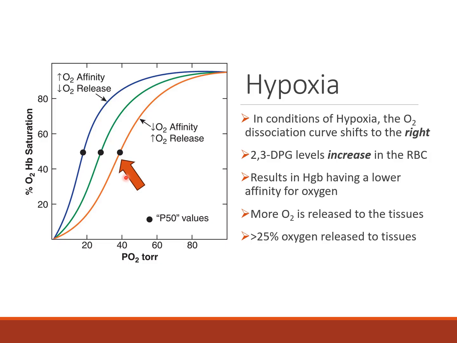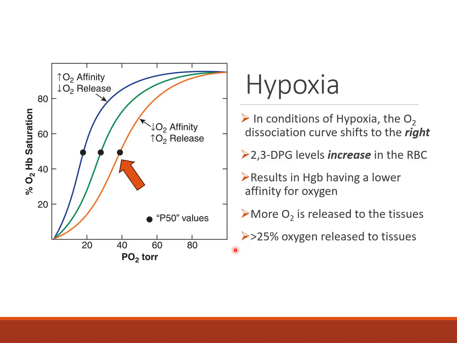So that means they're going to wedge themselves between those 2 beta globin chains. That is going to cause a decreased or a lower affinity for oxygen, which means they're going to release the oxygen that is bound to the hemoglobin molecules within the red cells, which will then result in more oxygen being released to the tissues around.